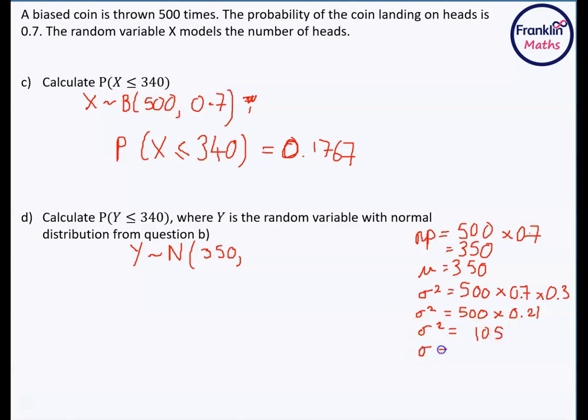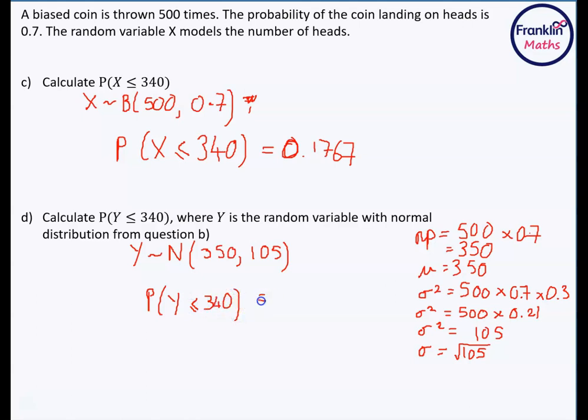And probably worth me writing there what sigma then is. Root 105, there we go. So let's have that as 105. Okay, so the probability that y then is less than or equal to 340.